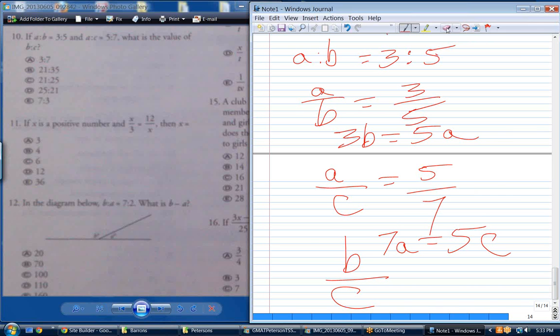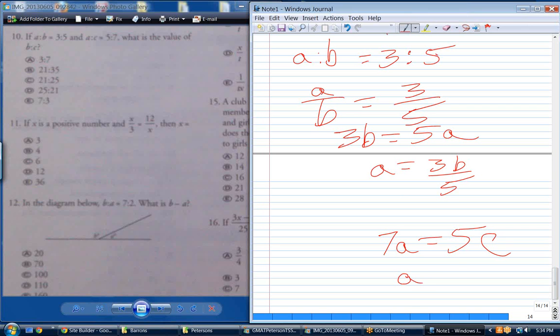Well, notice we're looking for B over C. Yeah, so I could get the A's on the same side in the two equations, and then just equate them, and then we'll be able to solve for B over C. So up here, A is equal to 3B over 5, right?